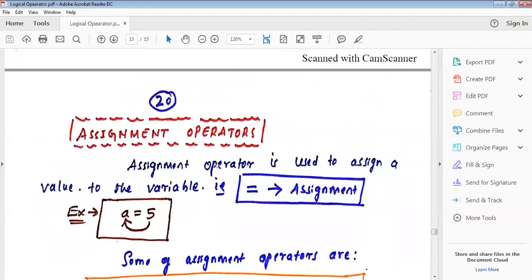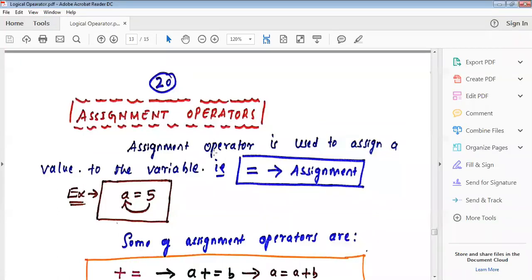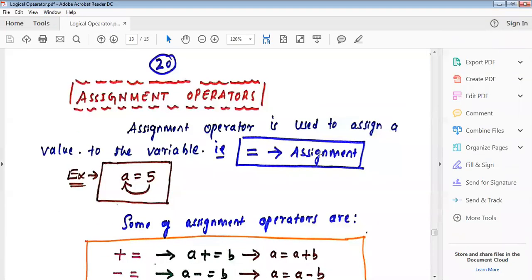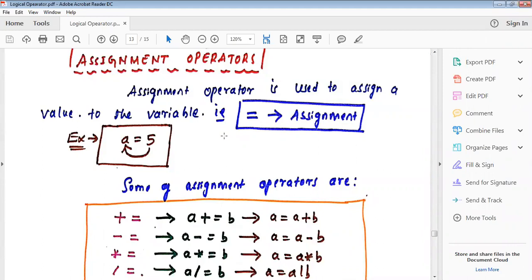Okay, next one is the assignment operator. The assignment operator is used to assign a value to a variable. It is a very simple operator. In the above example, you assigned the value to the variable.